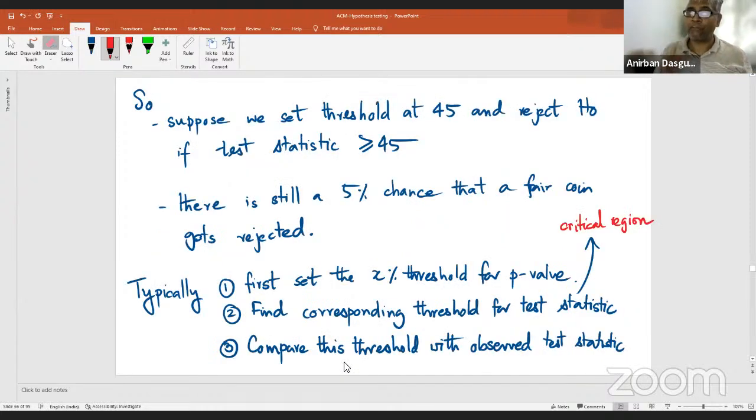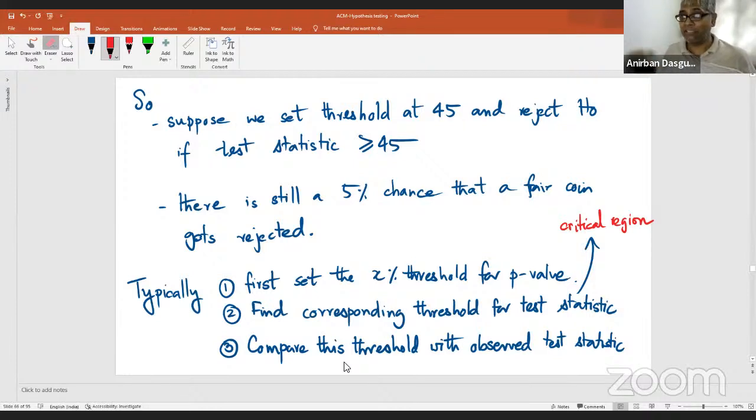So, lots of caveats. Suppose you set the threshold at 45 and decide to reject H0 if the statistic is bigger than 45 for the coin tosses, however many tosses you do. There is still a 5% chance that a fair coin gets rejected. So it is important to remember that if the threshold is 5%, there is a 5% chance that a fair coin gets rejected.